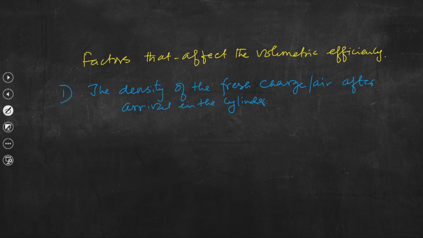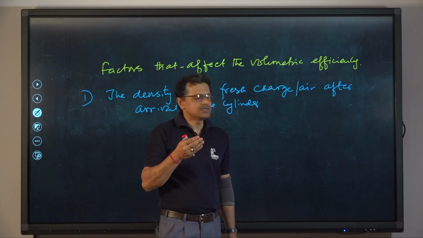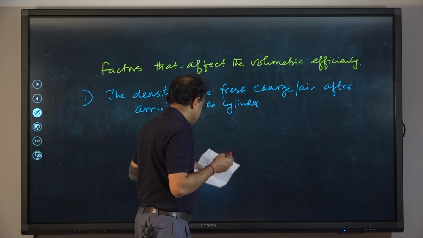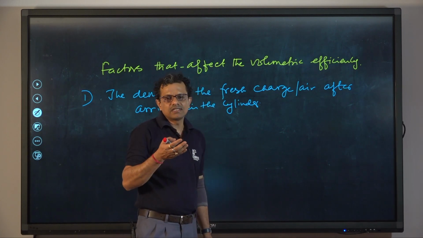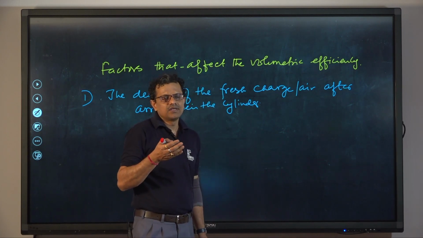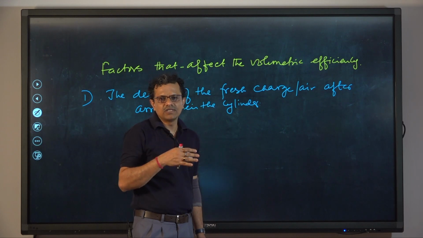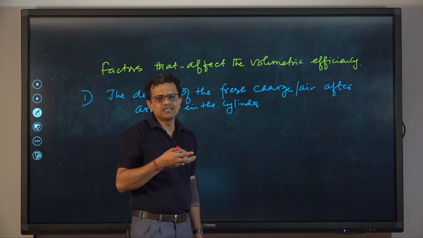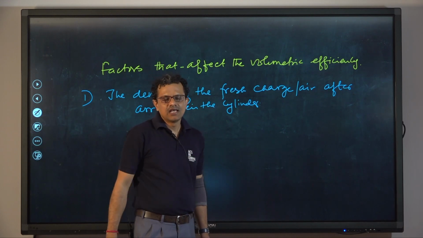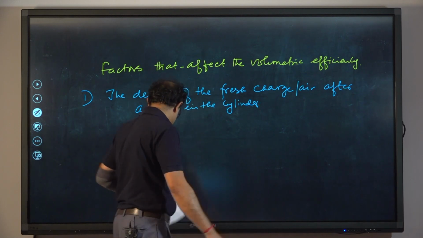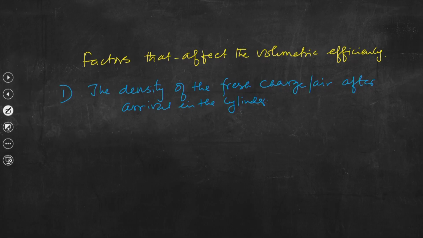Because when the charge arrives in the cylinder, the hot wall of the cylinder will transfer some heat into the fresh charge. It will reduce the density and essentially reduce the amount of air to be drawn into the engine cylinder, and volumetric efficiency will drop.